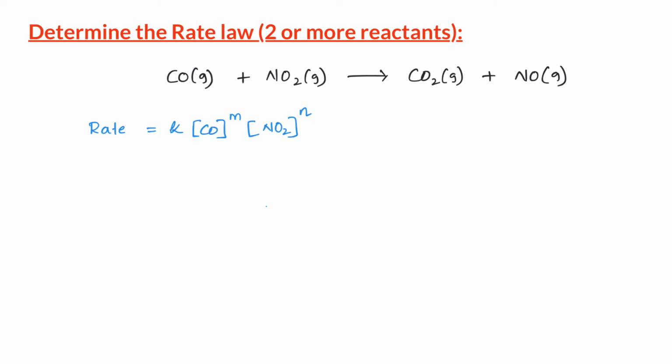If we look at the rate law, we now have three different variables to solve: k, m, and n. So, we need at least three different equations to solve for these three variables, which means we need to do at least three different experiments.